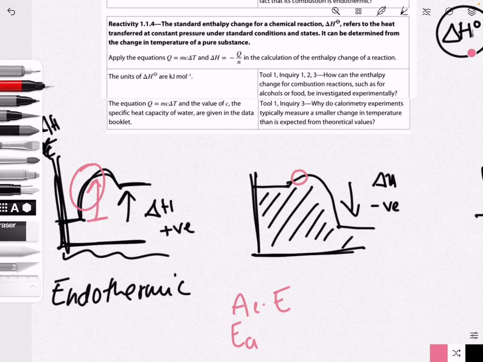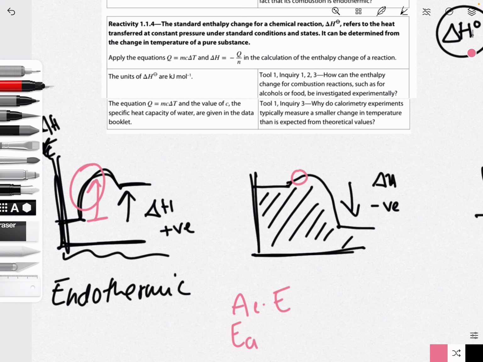This means that it takes a lot of energy to start and is not as likely to start from a very small input of energy in comparison to our exothermic one over here, which only requires a little bit of energy, say a spark or a really small flame from a match to kickstart this reaction.